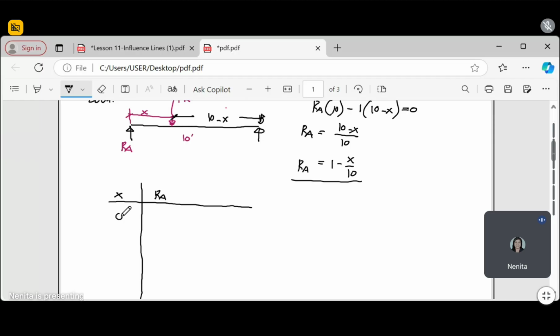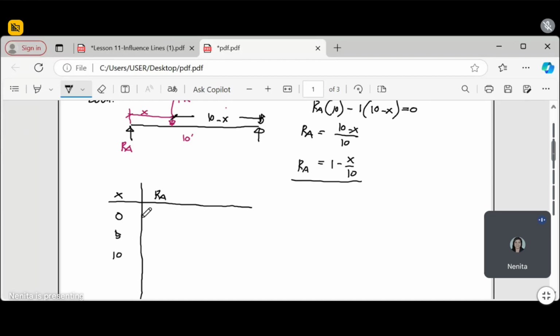So, let's say at x equals 0. And then, ihati na lang natin, let's say we have 5 and 10.